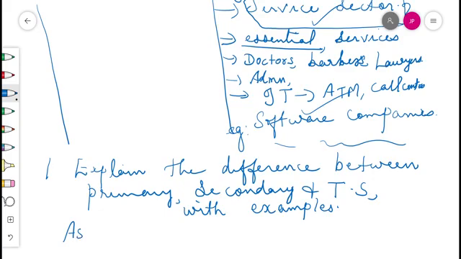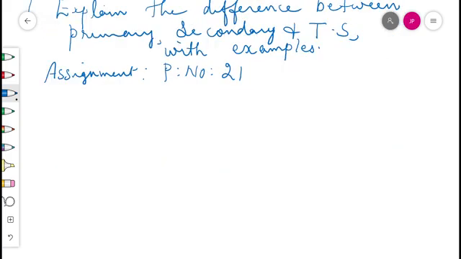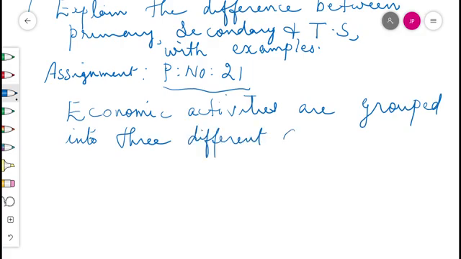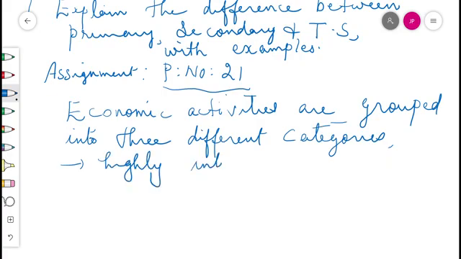Today's assignment is in your textbook, page number 21. Two boxes give examples of economic activities. The blank columns you have to fill up. And we are getting another question here as an assignment. Economic activities are grouped into 3 different categories. They are highly interlinked and interdependent.